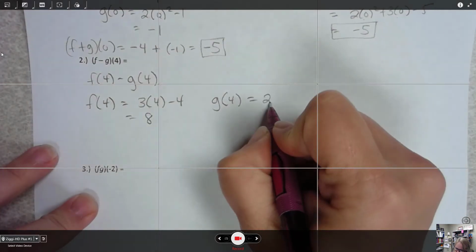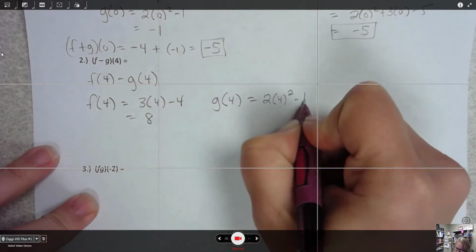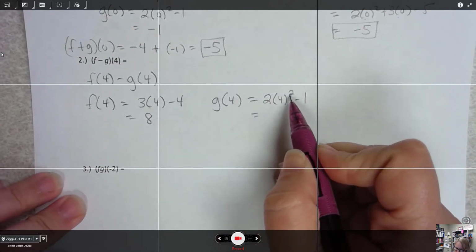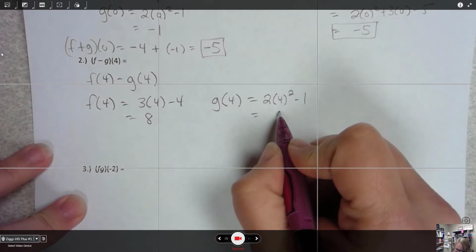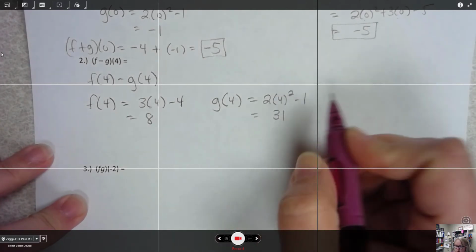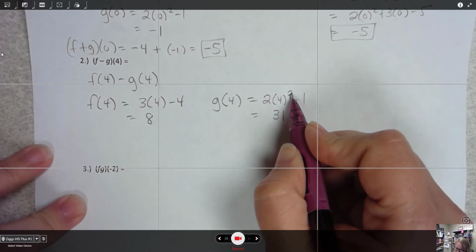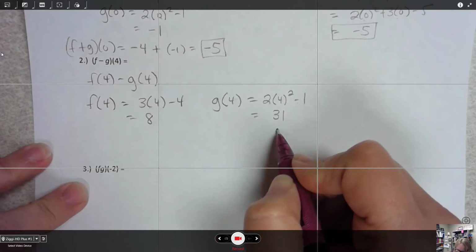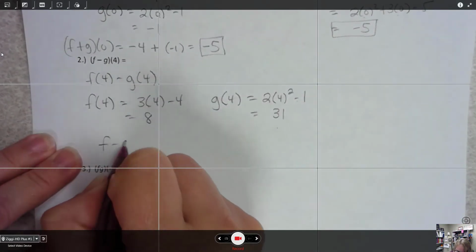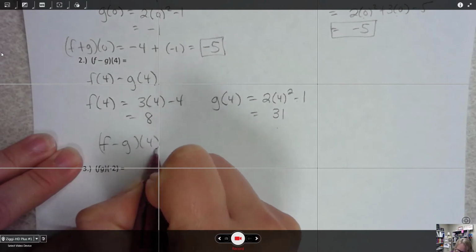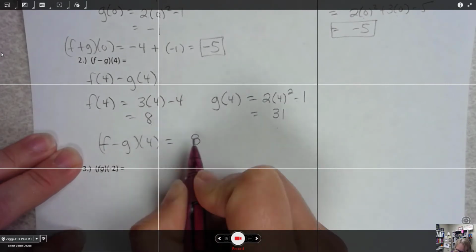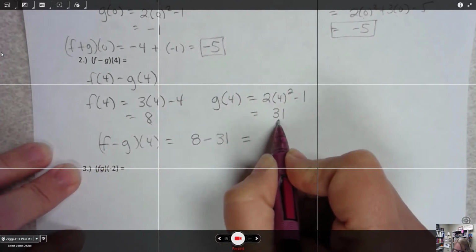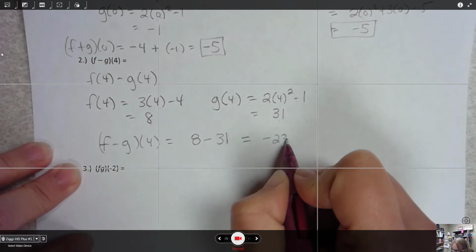In place of x, I put 4, so 4 squared is 16, times 2 is 32, minus 1 makes 31. Now f minus g of 4 is 8, that's f, minus g, which is 31, would give me negative 23.